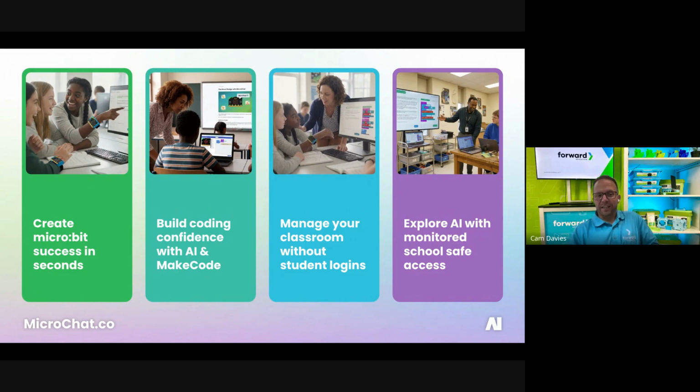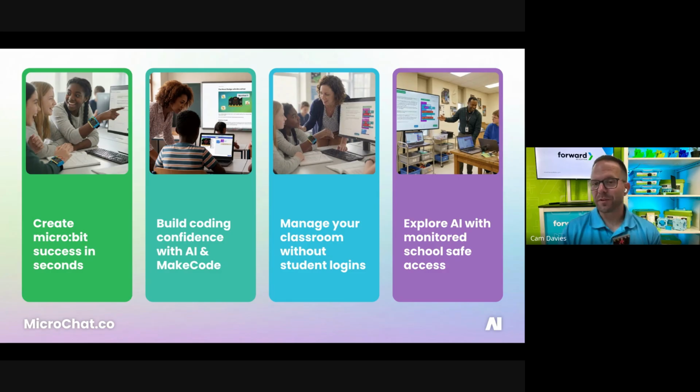So MicroChat is an AI coding assistant that is built to code with block code or JavaScript for MicroBit. A lot of folks, when they get started with MicroBit, there's a lot of resources out there, and sometimes it can get a little tricky for some to get started.